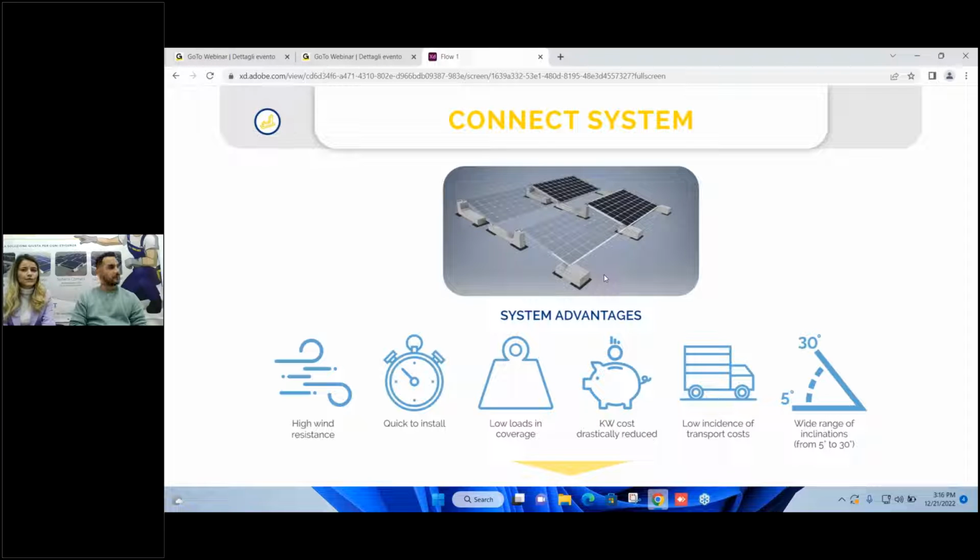In fact, at the technical office we ask for some more information to develop it, which we will explain later, and based on all that information we provide you with the best solution. For the connect system we have 5, 10, 15, 20, and 30 degrees, so a lot of solutions, and you decide which one to go with based on the product that you have.